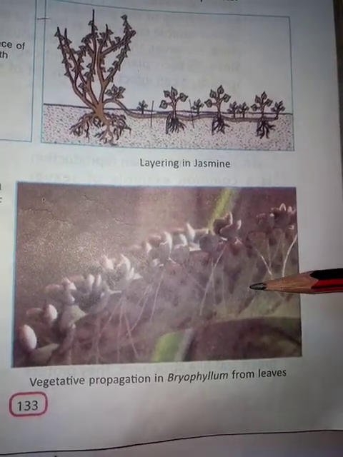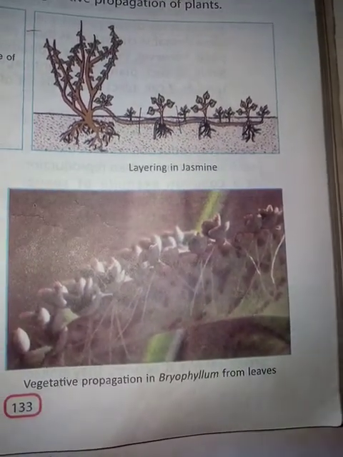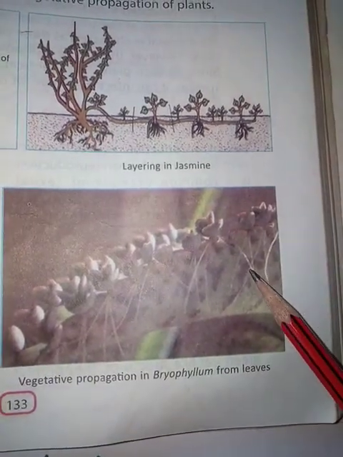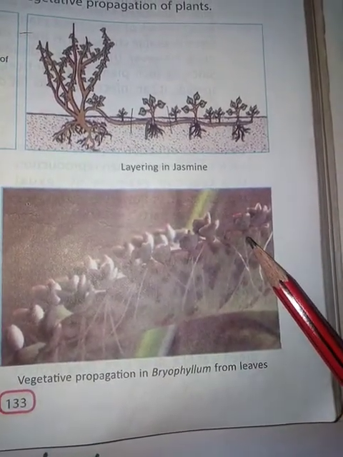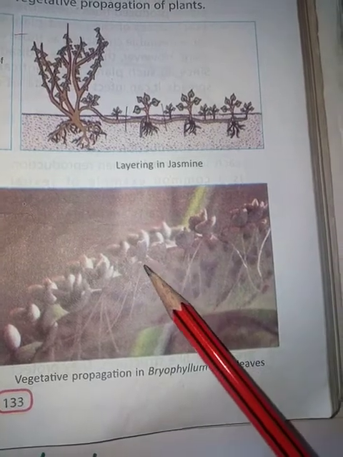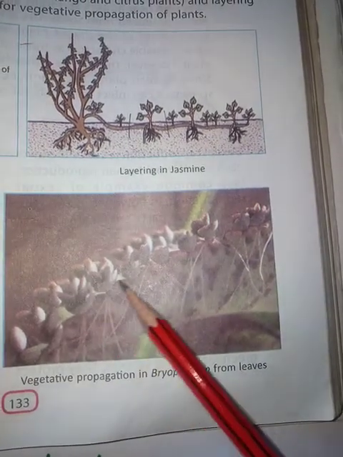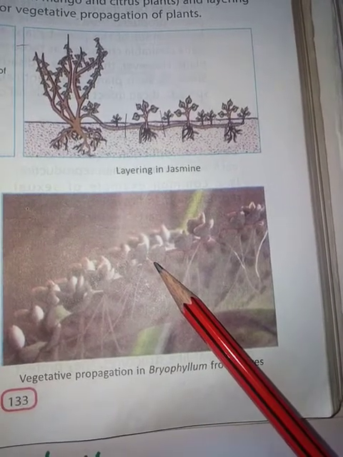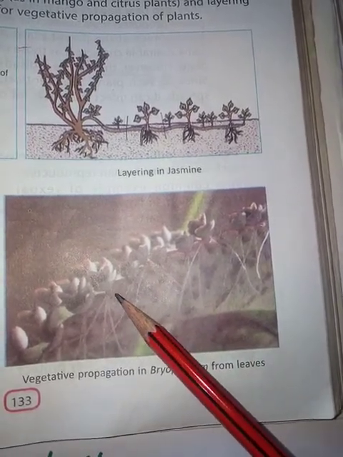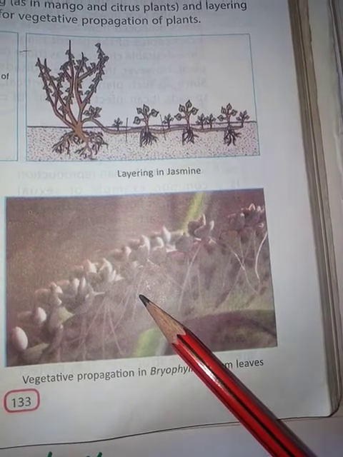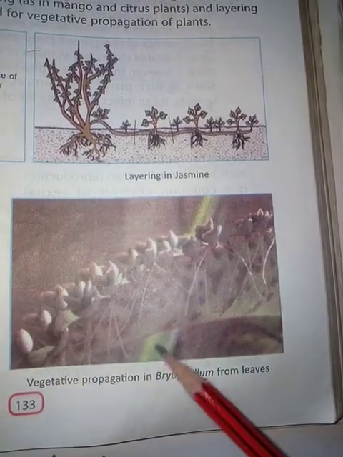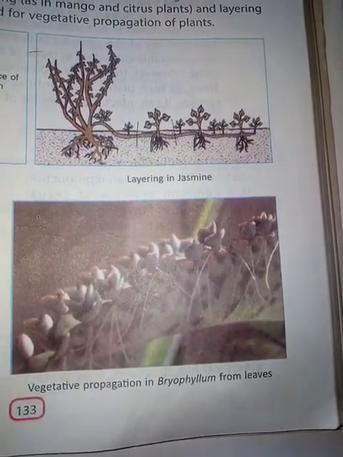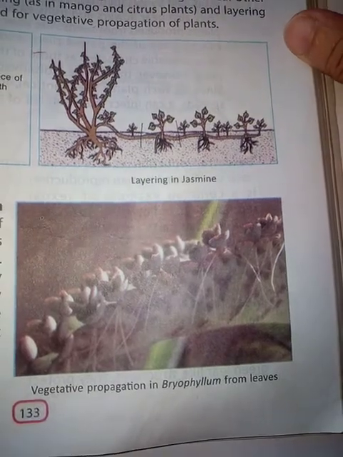You can see the leaf of Bryophyllum, and it is seen that they have leaf buds in the notches of the leaves. These buds develop into tiny plantlets, and when these tiny plantlets come in contact with moist soil, they grow into new plants. So this is how vegetative propagation takes place in Bryophyllum from leaves.